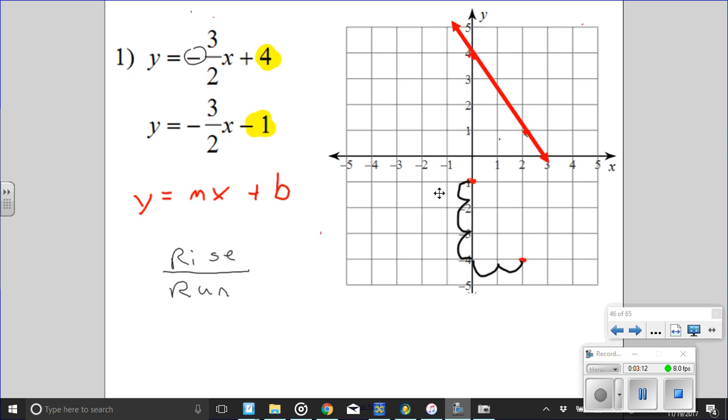Now that I use the negative on the 2, the 3 is going to be positive, so I will go over 2 and then up 3, and that'll get me my other point. Now I have 3 points, so it's pretty easy to draw, and then I draw my line like so.